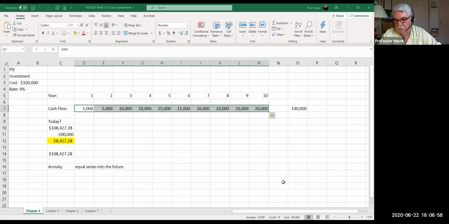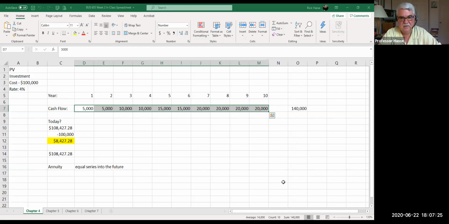What we're really looking for in this class when we're managing financial resources is what the asset is going to pay us in value or in cash flows into the future, and what is that asset's present value today compared to the investment in the asset, all relative to the amount of time over the course of the ownership of that asset and the cost of capital or the interest rate on the money involved.